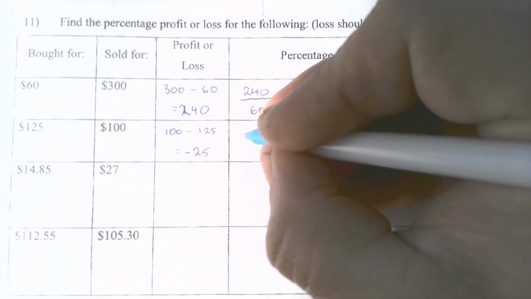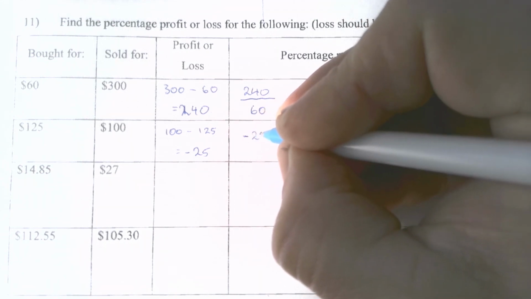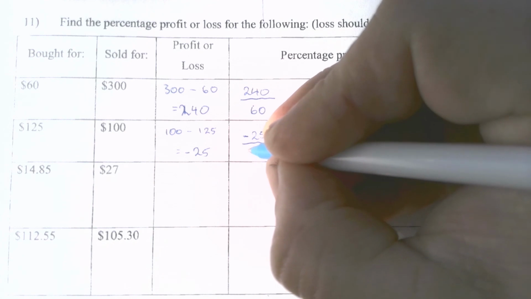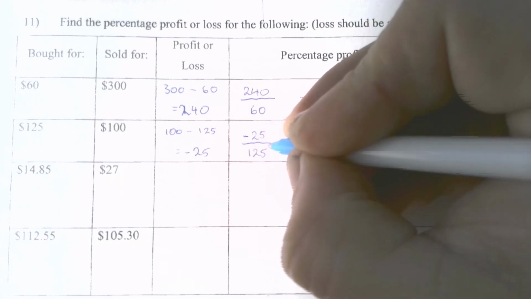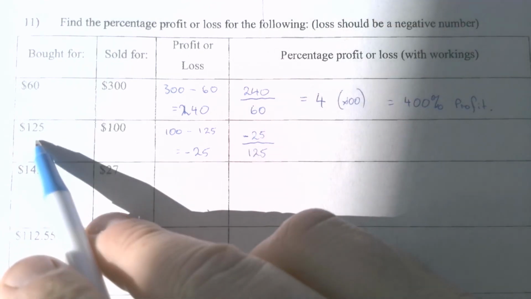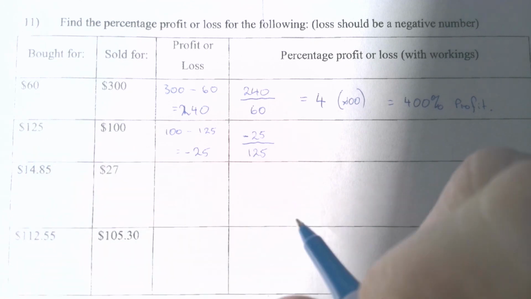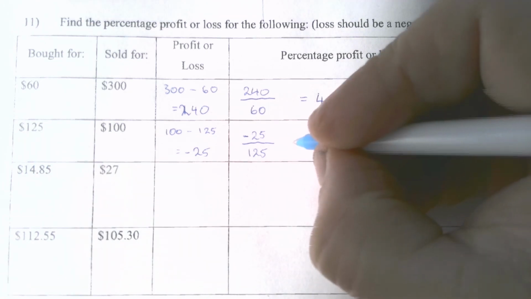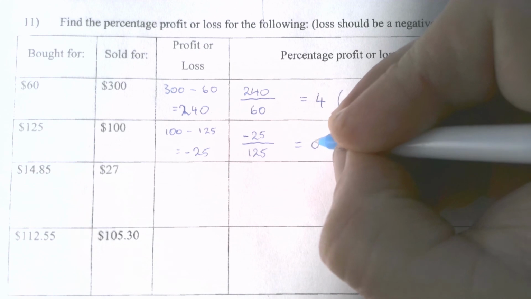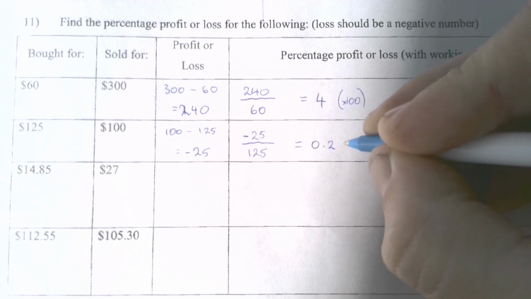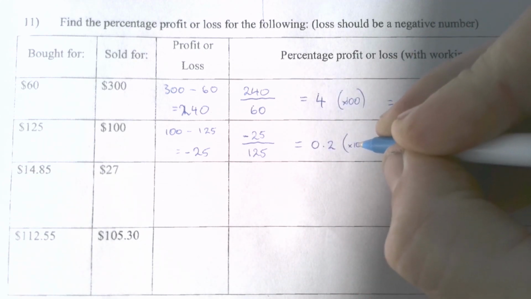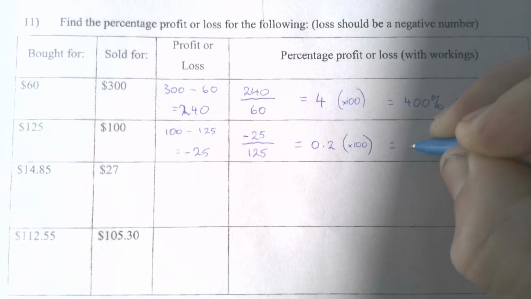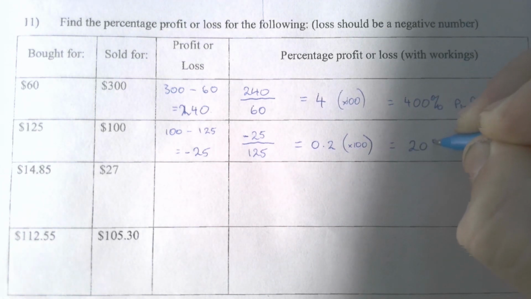This one, we've lost 25 of the original 125. So I'm taking the 125 from over here. And then when I've put that into my calculator, it's spat out 0.2. Okay, that's the decimal. I want to turn it into a percentage, which is going to be 20%.